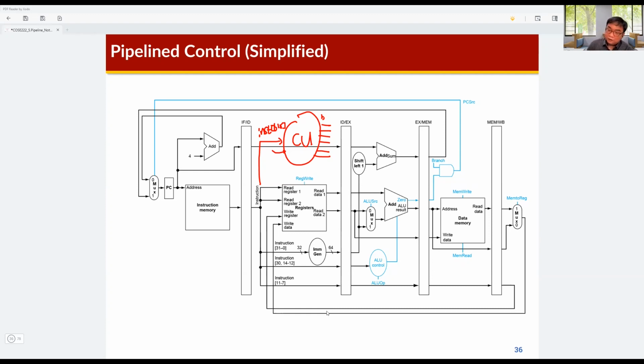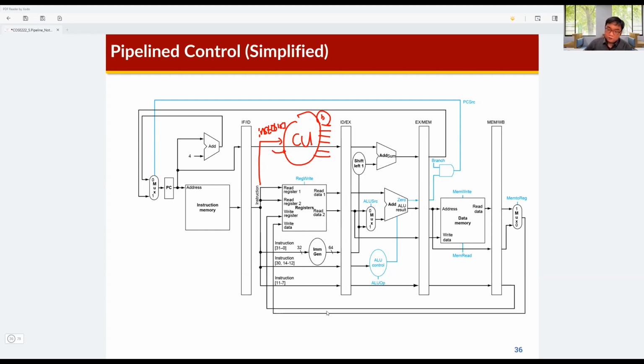Like the write to register number of load instruction and the result of load instruction, we can also propagate these control signals via pipeline registers in order to match the timing of control signals.